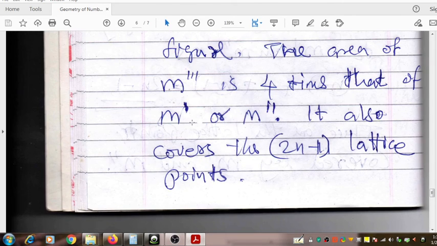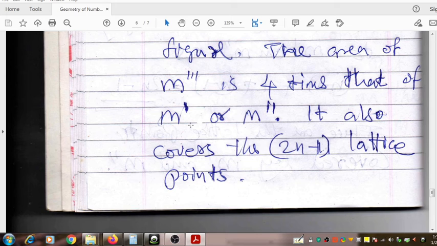But of these 2n minus 1 lattice points, if we exclude the special lattice point shared by both Minkowski sets M prime and M double prime, there are n minus 1 in one set and n minus 1 in the other set. If we properly pair these lattice points, one lattice point in one M set has a corresponding lattice point in the other set.